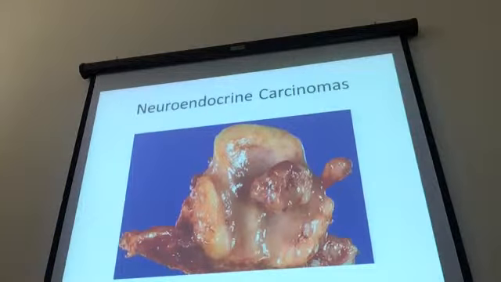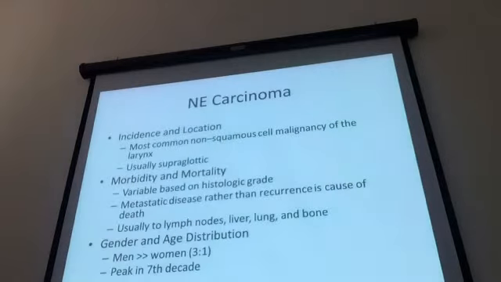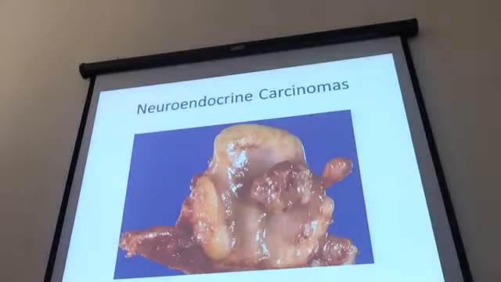Okay. We'll go on to neuroendocrine carcinomas, which are quite rare in the larynx. However, it is the most common non-squamous cancer, so it's more common than adenocarcinoma, but it's not common. It's usually supraglottic, as this image indicates.